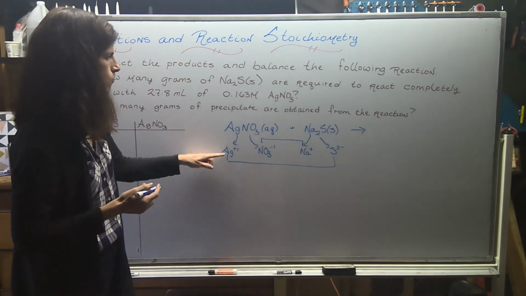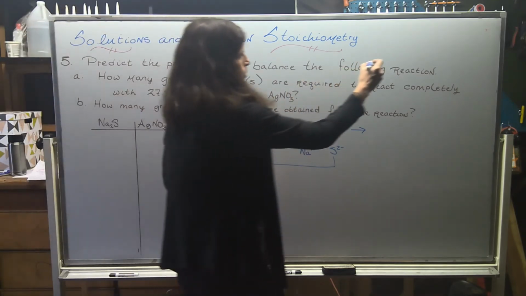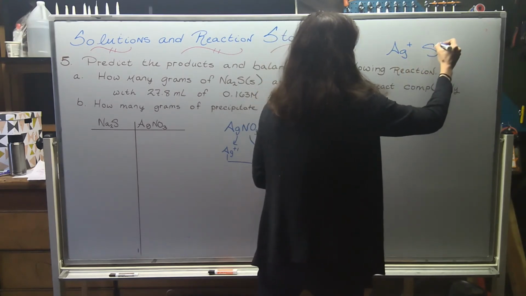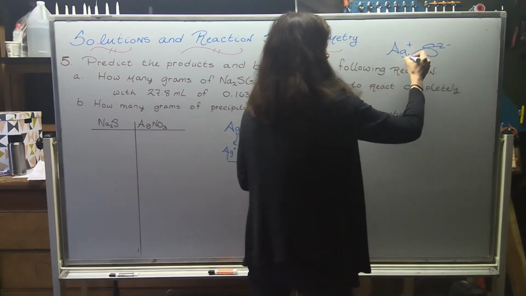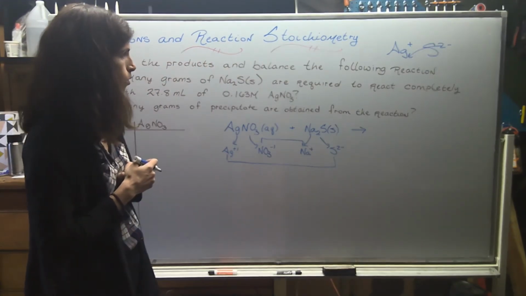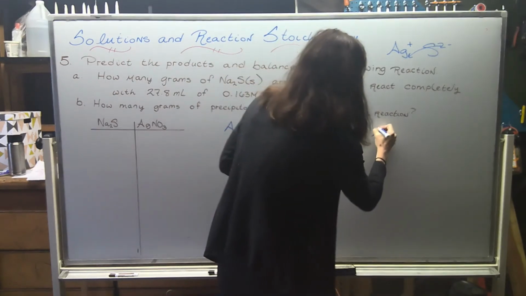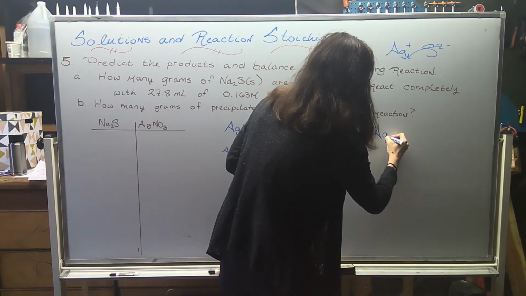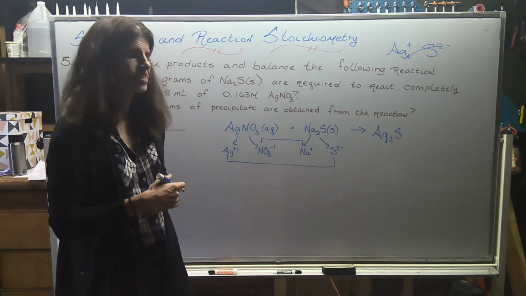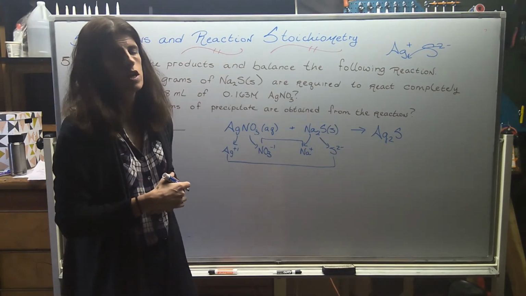So when I do silver with sulfide, there's that 2- on the sulfur, which would come down and serve as the subscript for my silver. So this is going to be Ag2S. And most compounds containing silver are going to be solid.